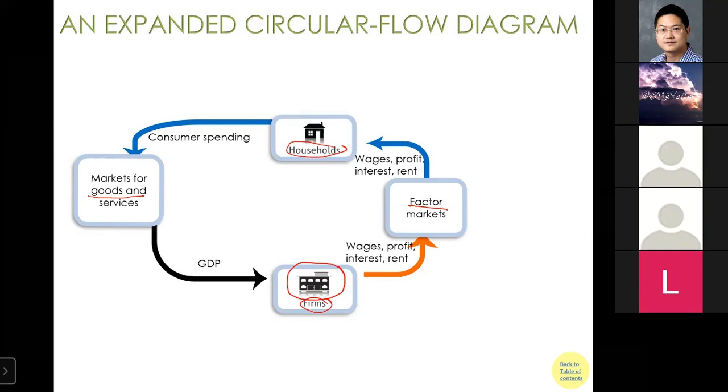So this big arrow is income. And then households with income are going to spend, right? They are going to purchase goods and services in this simple model, because this is a closed economy. So this is spending.